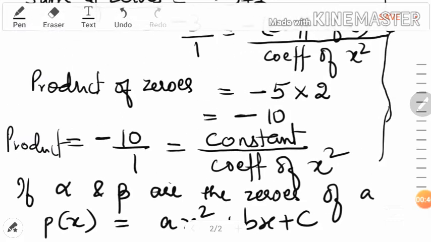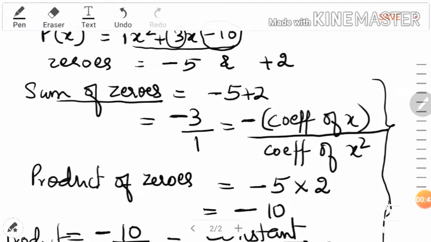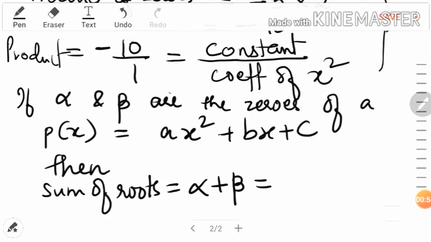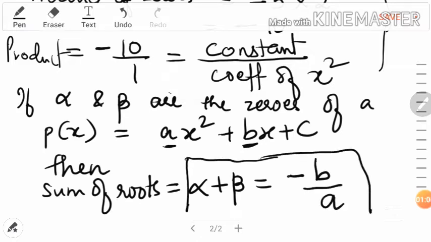We have found that the sum of the roots is minus coefficient of x divided by coefficient of x square. So coefficient of x is b, so minus b divided by coefficient of x square, that is a. So we get this generalized result.